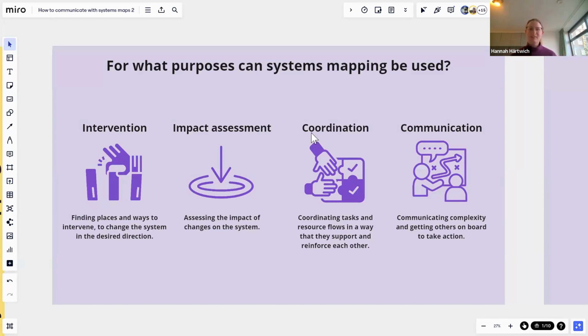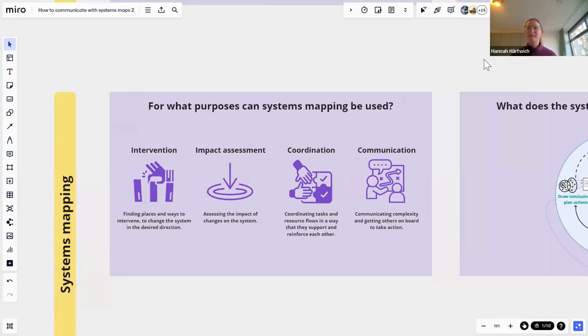So kind of impact assessment level. And then finally, we want to actually take action together on different levels. So we need to coordinate that. So here also the system map can help us to make that happen. And of course, we need to communicate with people and each other all the way.